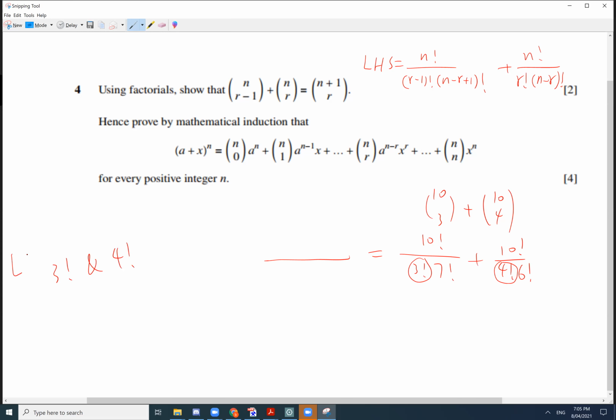What's the lowest common multiple? This one equals 3 times 2 times 1. This one equals 4 times 3 times 2 times 1. So the lowest common multiple is just 4 factorial.